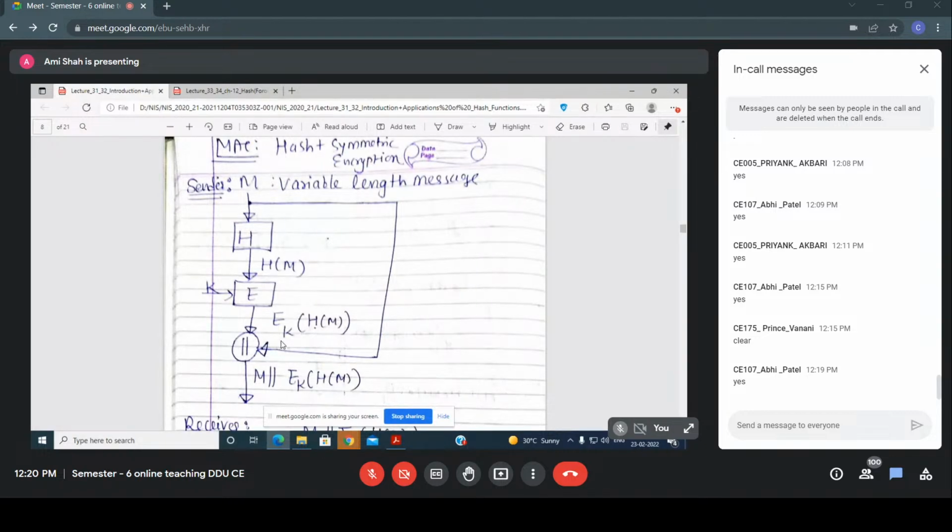So if the attacker comes, the attacker cannot encrypt this again, because Oscar does not have this secret key, right?